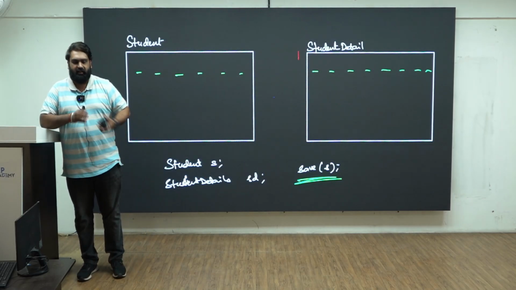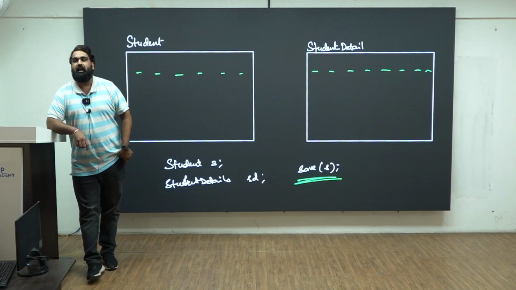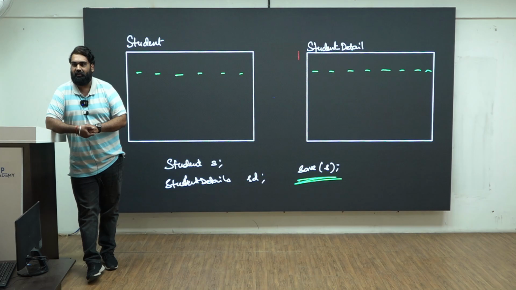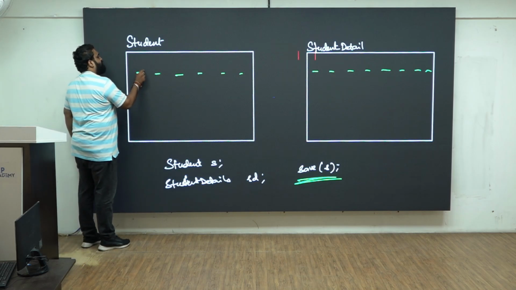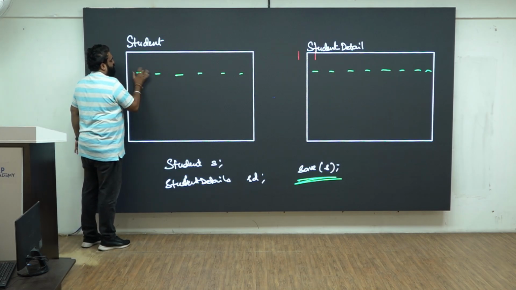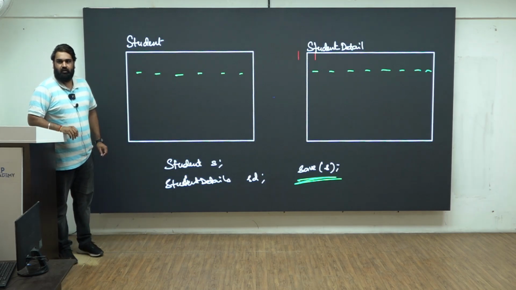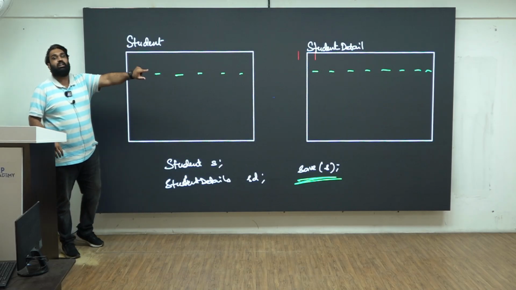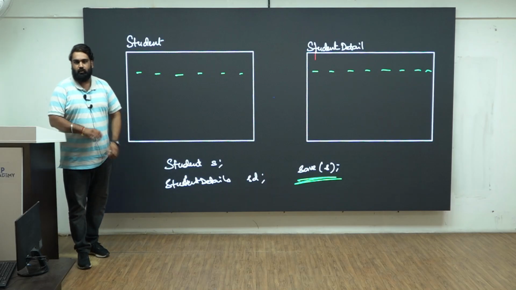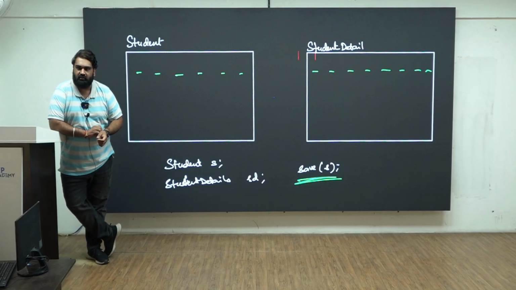Because your student table is mapped with the student detail table. That is the reason whenever you insert student information, student detail will also get inserted, and whenever you fetch student information, student detail information is also fetched. I hope you are able to understand this.